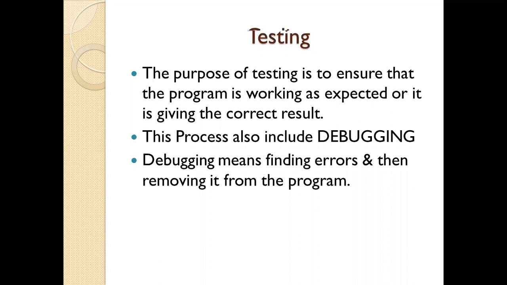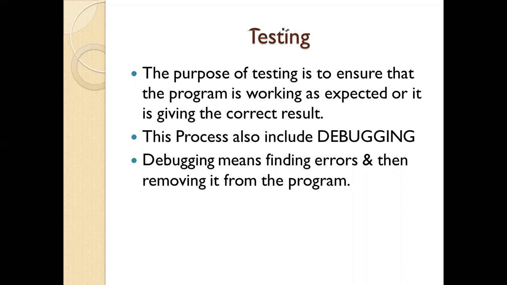So the purpose of testing is to ensure that the program is working fine. It means it is taking the numbers from the user, then it is doing the calculation, and after that it is giving the output in the correct way, the correct word or the correct number. So if all the steps are fine and it is working fine, it means the testing purpose is complete.